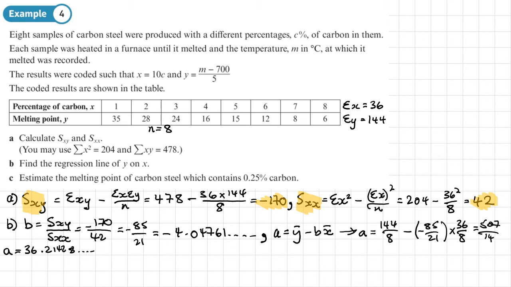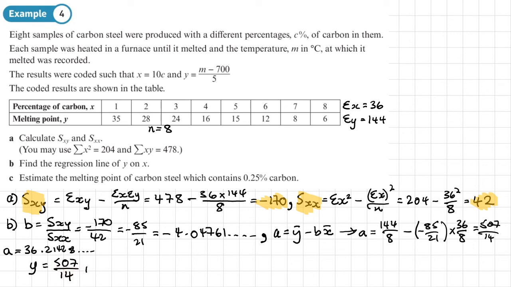So now we'll write our regression line. That's going to be Y equals A. Now for A, I could use the decimal I've got here, or I can write it exactly, as 507 over 14. It just means when I come to do any calculations, I'm using the exact value for A. It's not always possible. If you don't have an exact value and it's a decimal, I'd probably use at least 4 decimal places, so that we can then write to 3 significant figures afterwards.